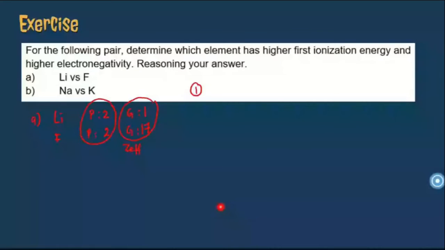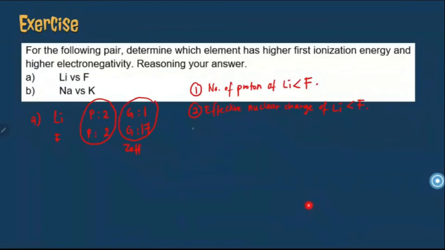The number of protons of lithium is less than fluorine. And then the effective nuclear charge of lithium is less than fluorine.